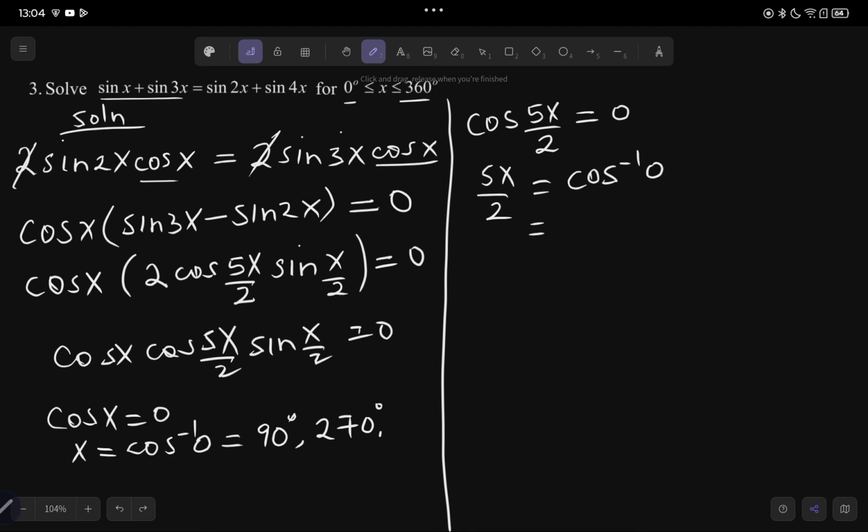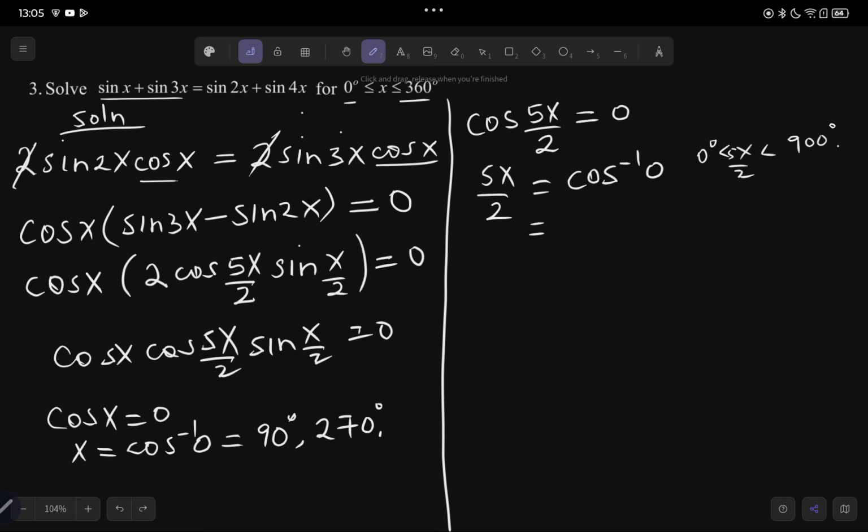Multiply by 5, then divide by 2. Now our range will change. For 0, 0 remains 0. For 360, 360 times 5, then divide by 2. It means we are stopping at 900.